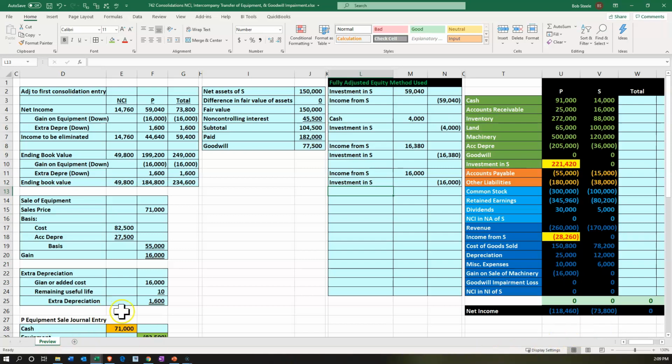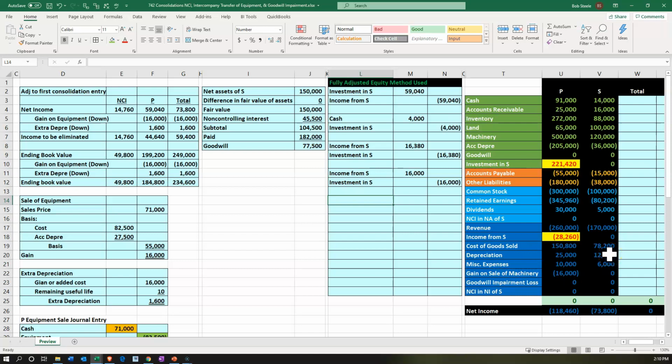And then we had the current year depreciation on that added 16,000 as a result of this intercompany sale. S is going to record too much depreciation because they now have the equipment on the books for $16,000 higher than what it really should be if they didn't sell it to themselves in this intercompany sale. So we're going to have to remove that, and that is an expense. They've overstated this depreciation expense.